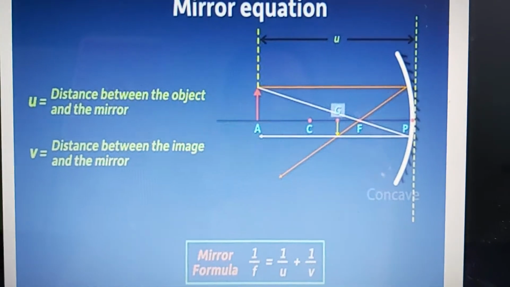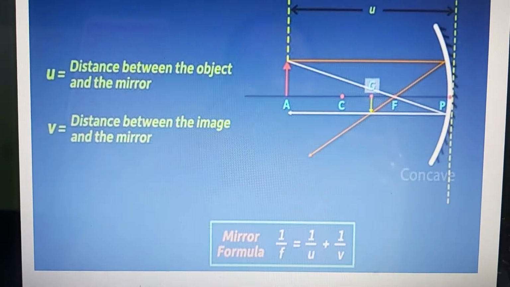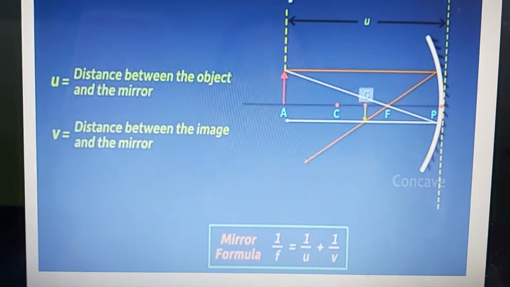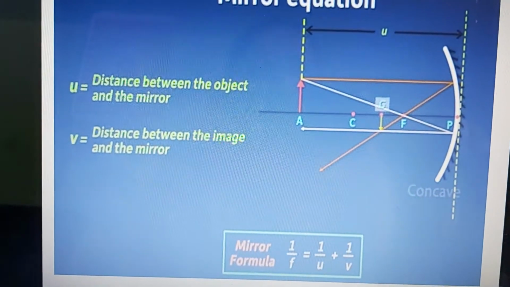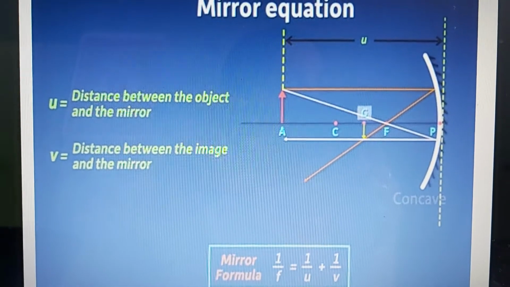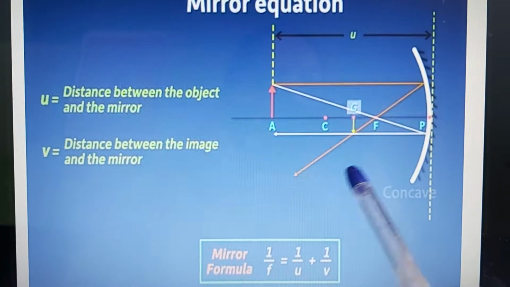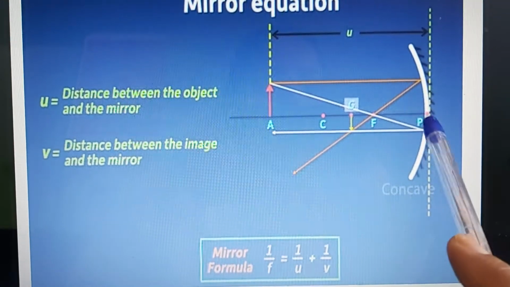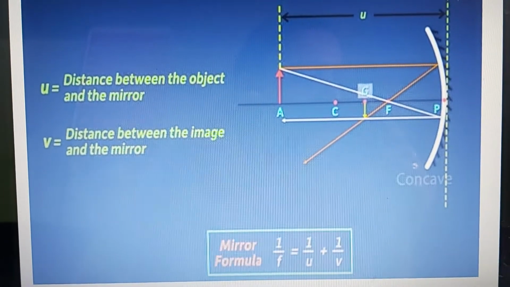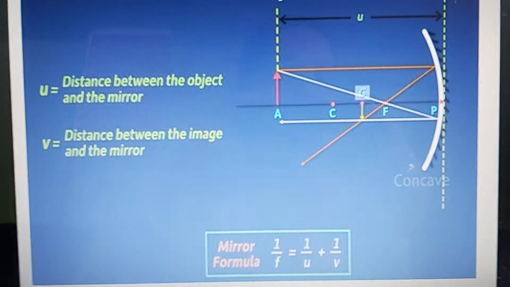And V is the distance between the image and the mirror. Let's name the point G. So V is nothing but the distance between the points G and P. And F is the focal length, which is the distance between the principal focus and the pole.